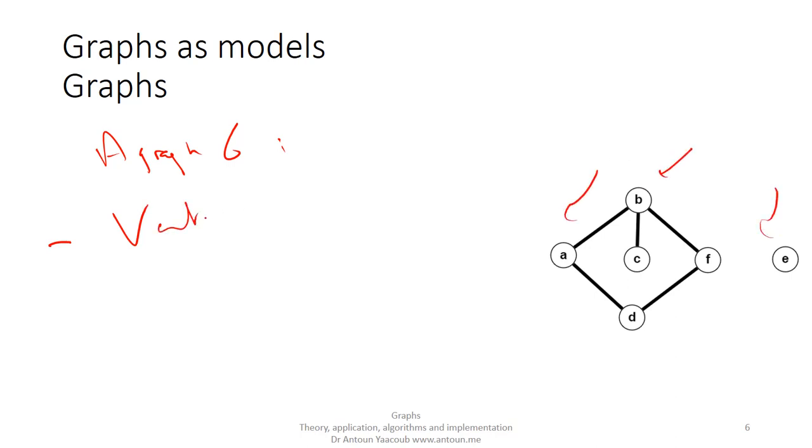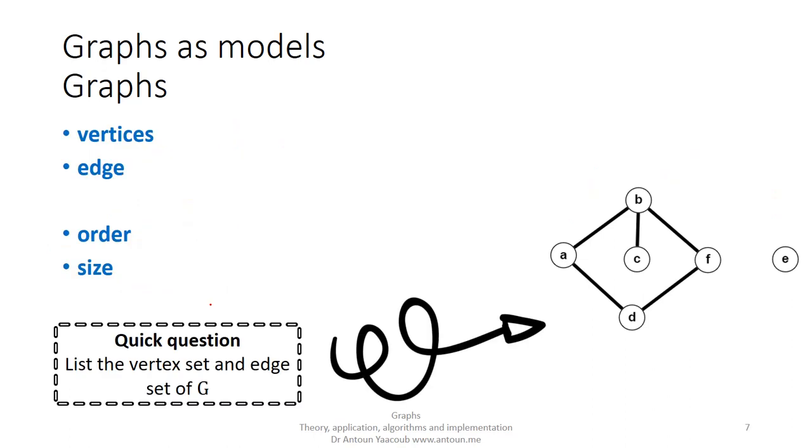And I have a set of edges, where each edge connects two vertices. So again, I have two sets: a set of n vertices and a set of edges.